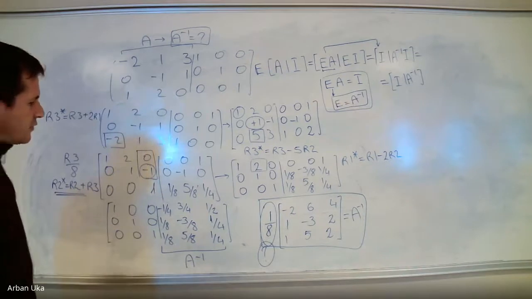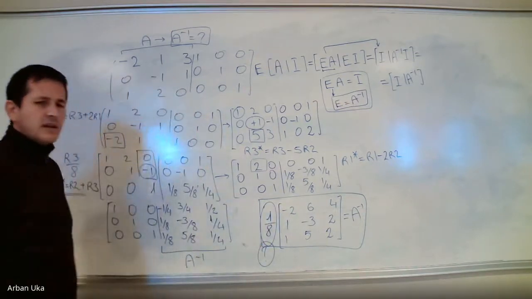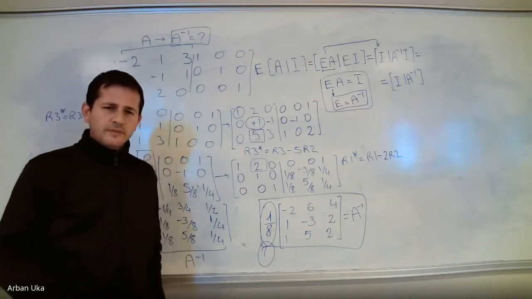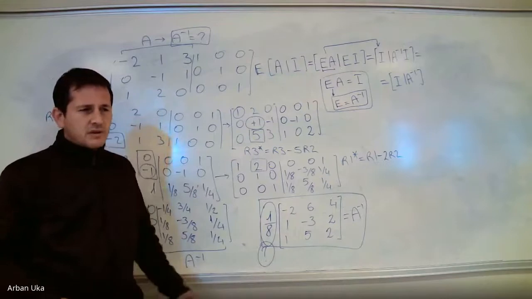But then the question is the following. What could this be? In the case of a 2 by 2 matrix, we just memorized that expression, right? It's not that we derived it.